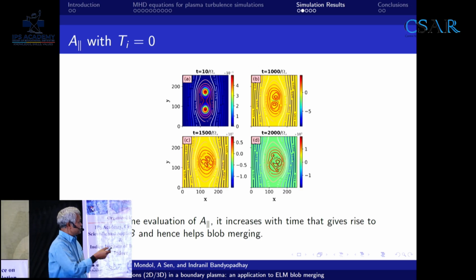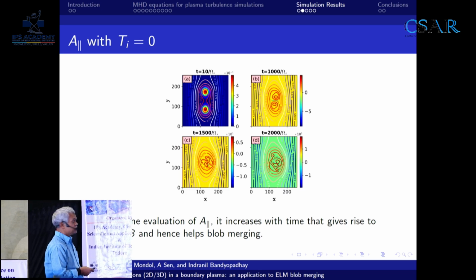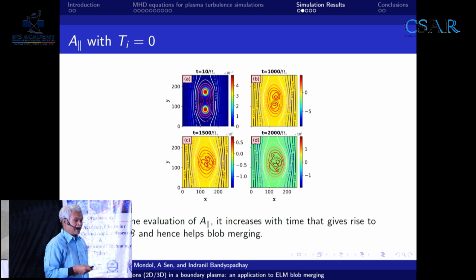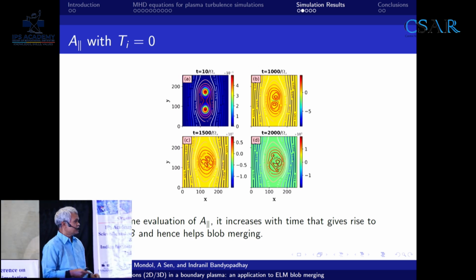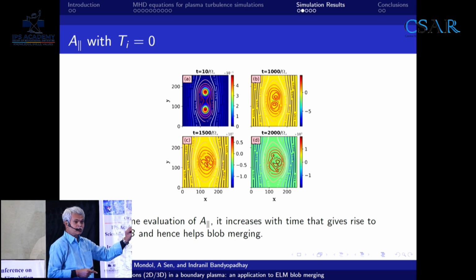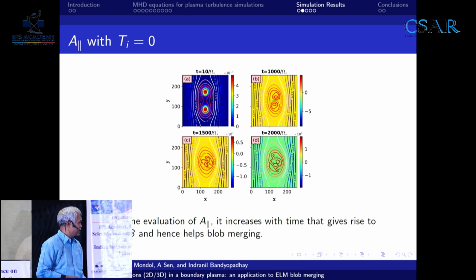And whenever they come close to each other, the magnetic field is higher. Higher magnetic field means they attract very strongly. That is why whenever they are coming closer, they attract strongly and finally they merge. So this is the merging physics where the vector potential A parallel is described by this function.